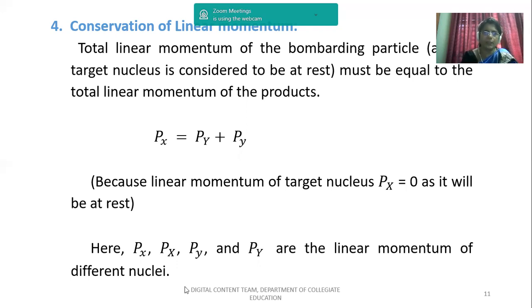So here capital P with small x represents the linear momentum of the projectile, which should be equal to P with capital Y subscript representing the linear momentum of the product nucleus, plus P with small y representing the linear momentum of the ejectile, and that gives rise to the law of conservation of linear momentum.